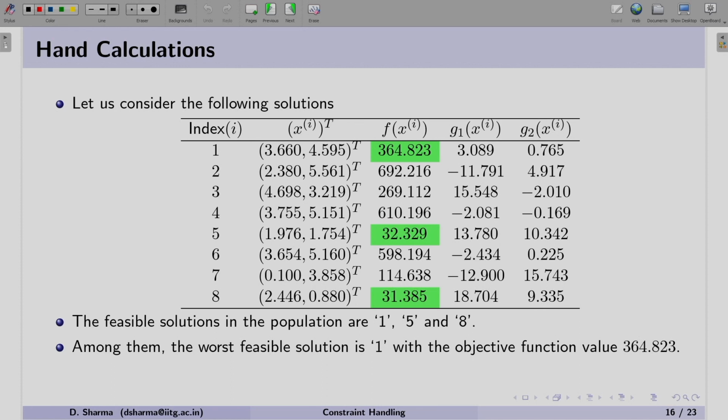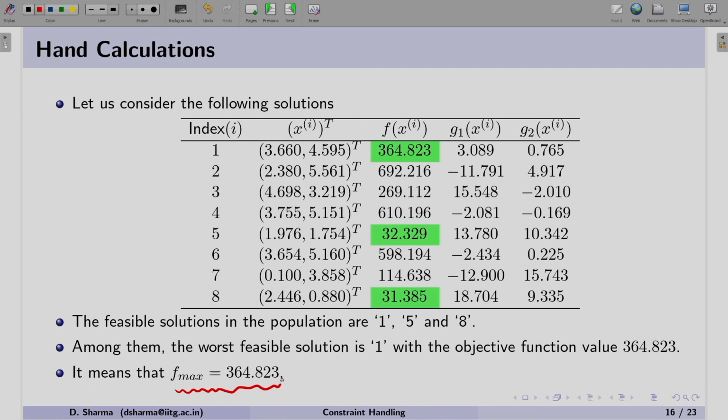Looking at the green part here, if we compare the objective function values of these 3 solutions, we find that solution number 1 is the worst feasible solution and its objective function value is 364.823. So, this is going to be our F max in our formulation.